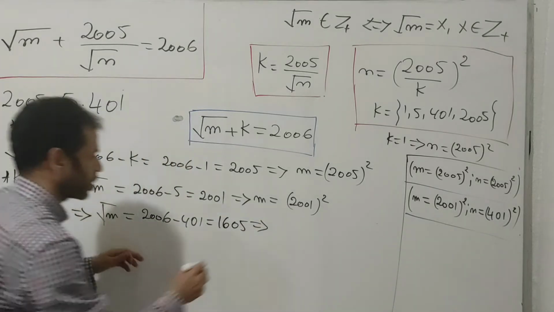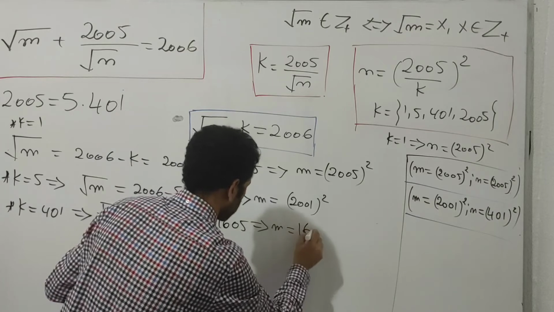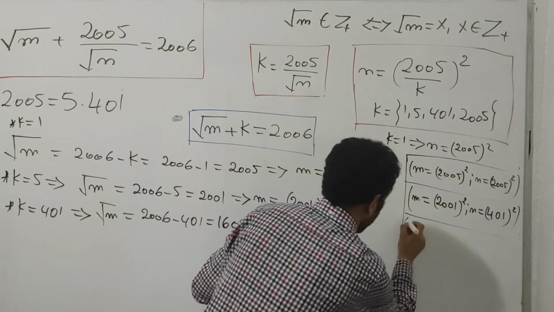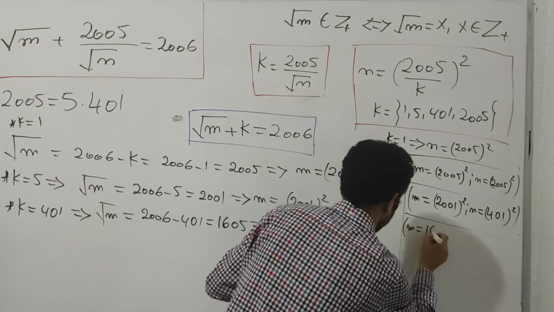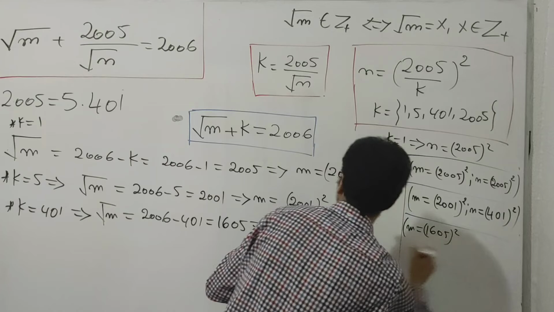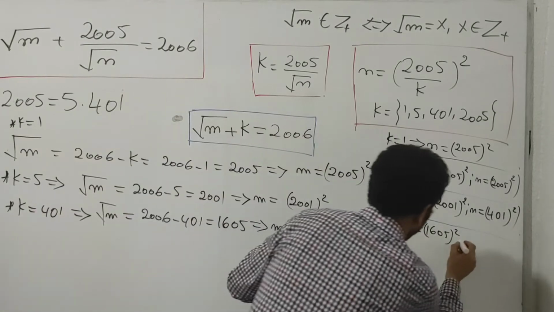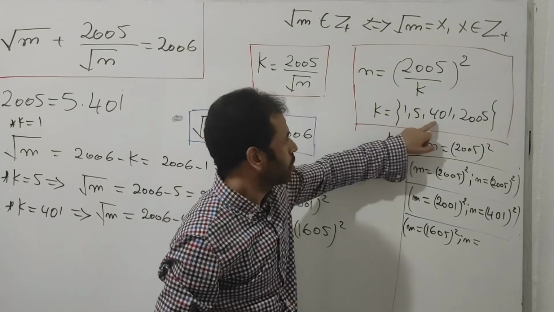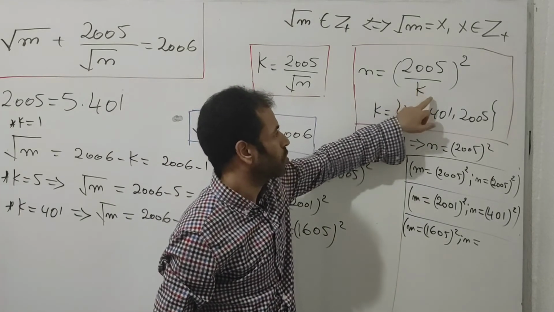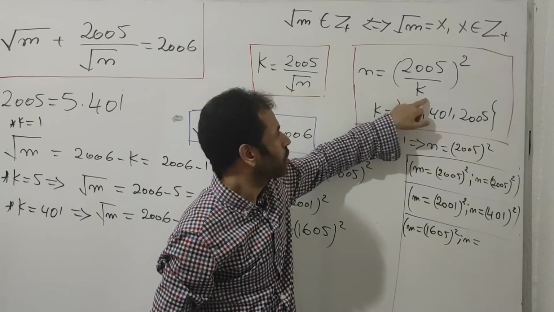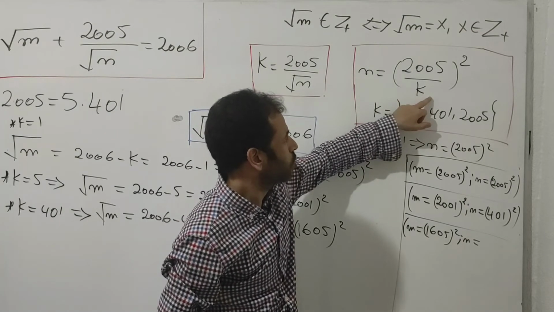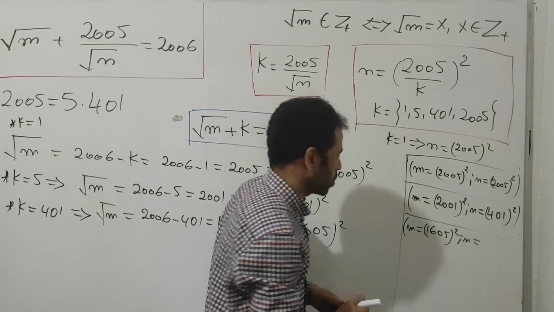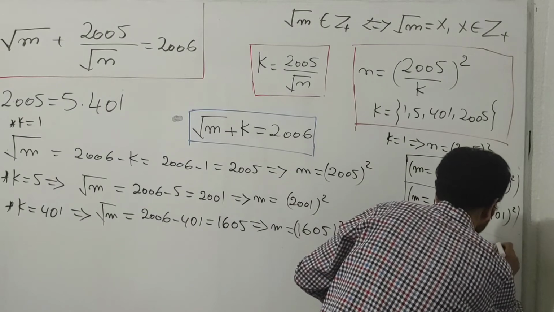By squaring both sides, I will get m equals 1605 squared. For n, I'm simply going to insert k with 401. I will get 2005 over 401, the 401 will be cancelled out, and I will be left with 5 squared, which is 25.